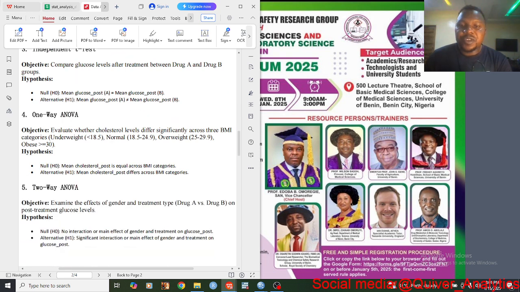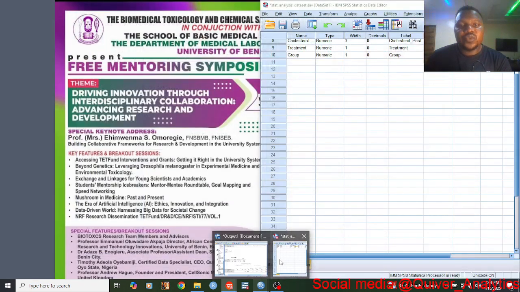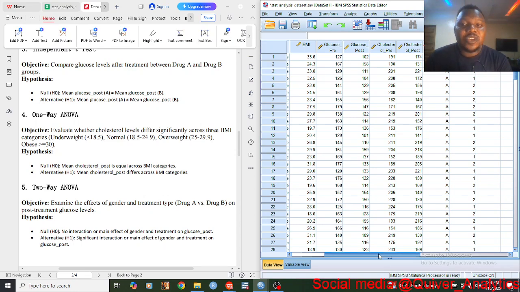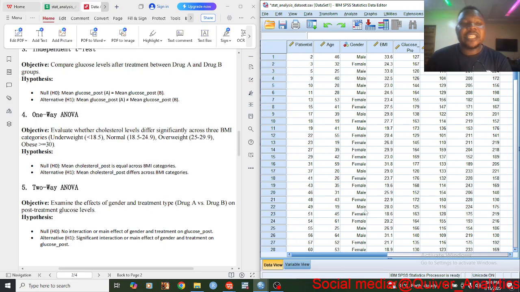Now, one-way ANOVA. To use one-way ANOVA, you must have a scenario where you want to test for the mean difference between at least three independent groups.